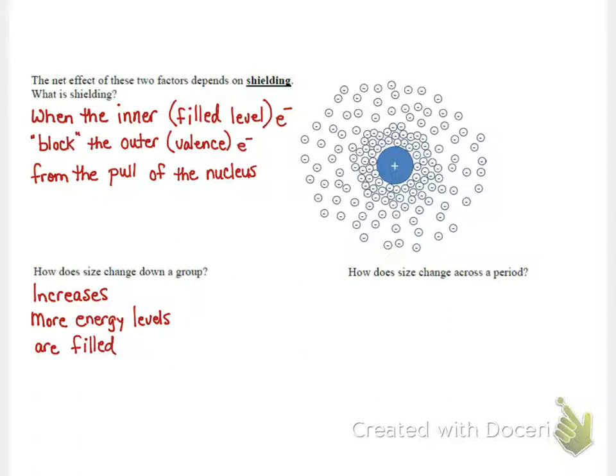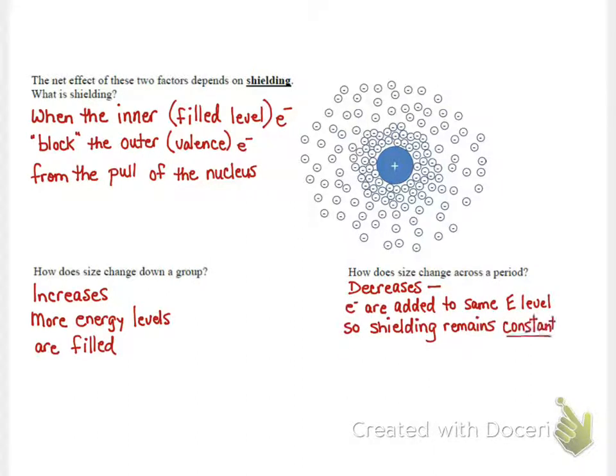The trend that's the most tricky to explain is how size changes across a period. Going across a period, the size decreases, and that is because as electrons are added, they are added to the same energy level. We're not going higher and higher in energy level.